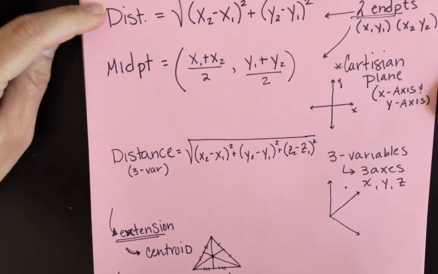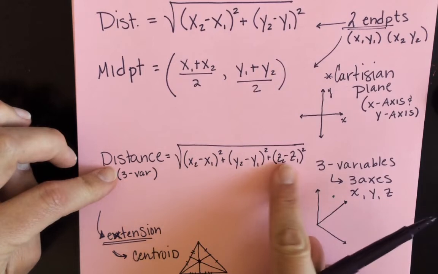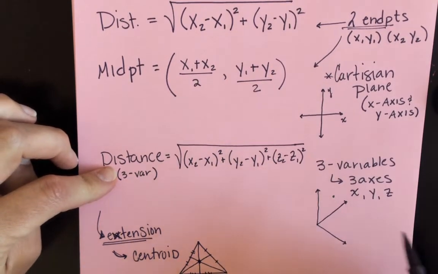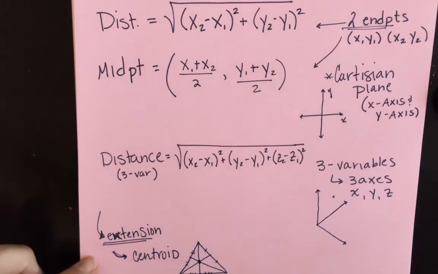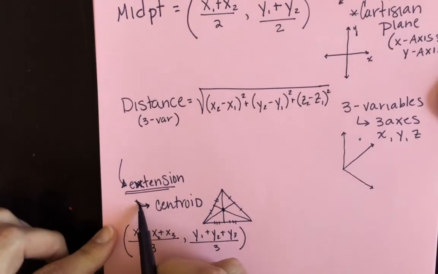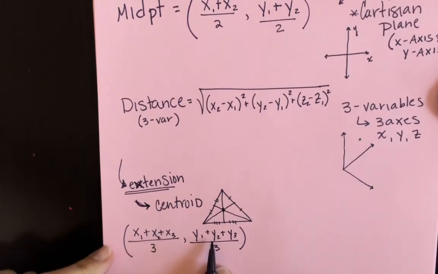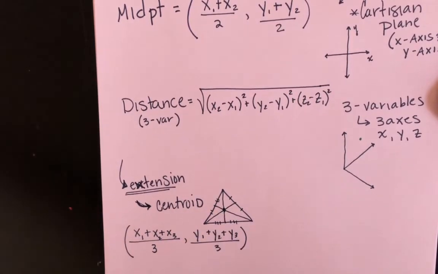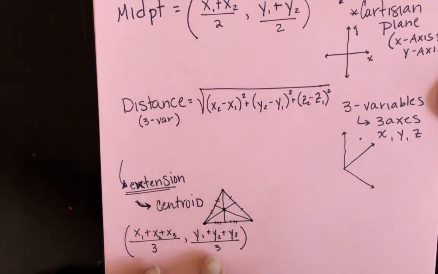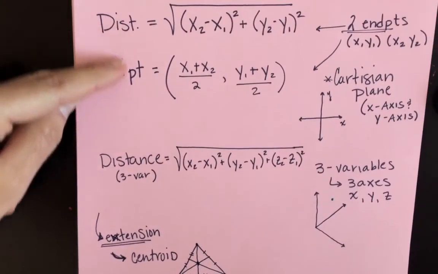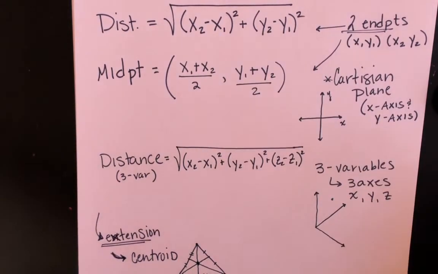So we have a distance with two endpoints, a midpoint with two endpoints. We have distance, where we're going to talk about those three variables that we'll work in. Centroid isn't the same. We are not talking about x, y, and z, but we are talking about three different endpoints. So don't get this one mixed up with this if you're starting to think about stuff from last year.